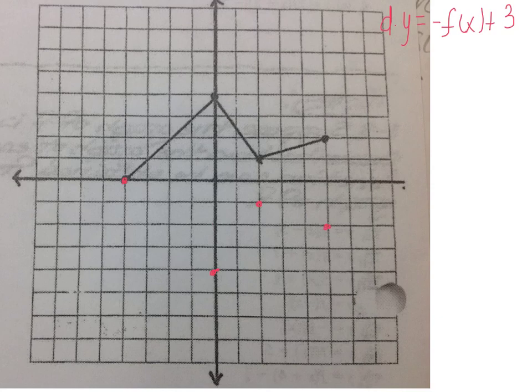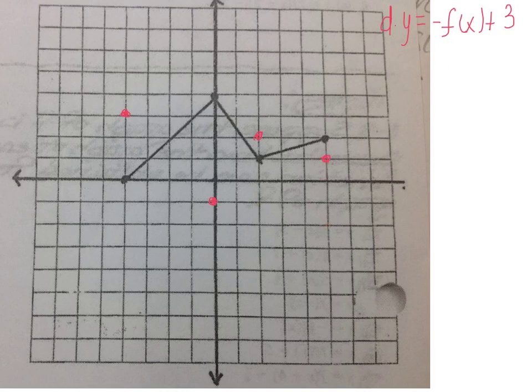And now, I have to take those 4 points and move them up 3. So what I'm going to do is erase the original so I won't get confused. Up 3, up 3, up 3.